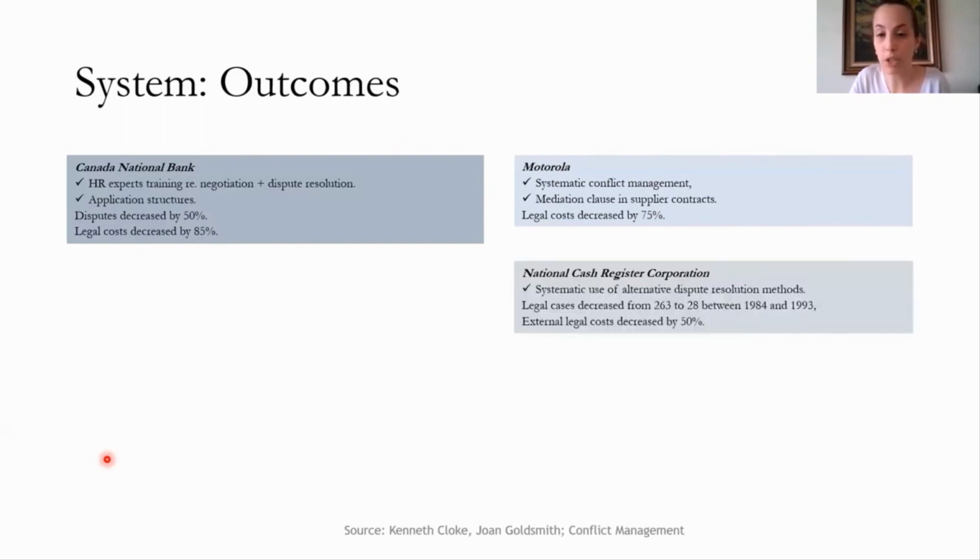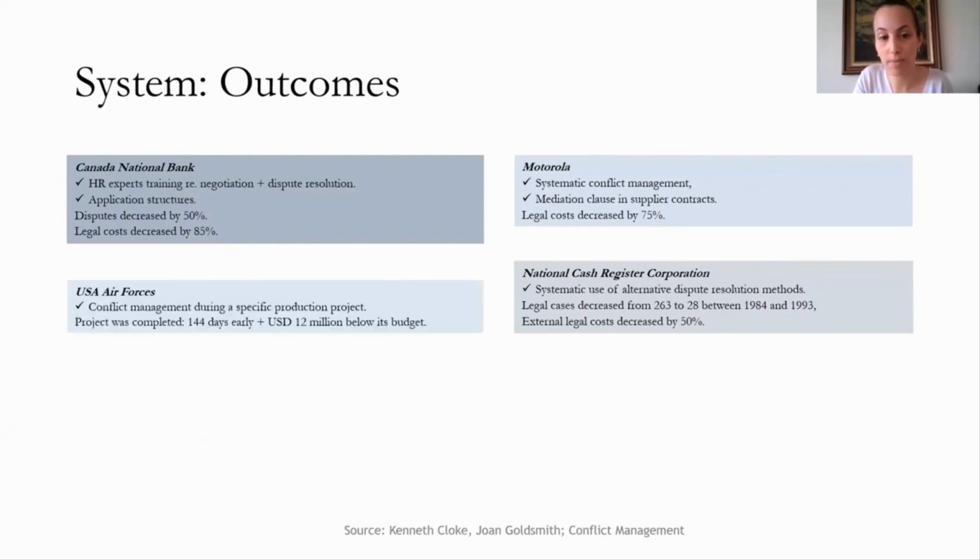In other corporations, they also use the systematic use of alternative dispute resolution methods, and they say that the number of their legal cases decreased from 200 to 20, and their costs decreased by 50%. In another company, they used the conflict management system in one specific project, and they report that the project was completed 144 days early with a lot of savings in the budget.